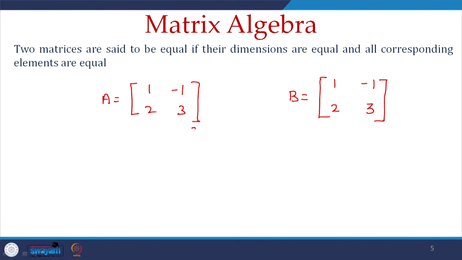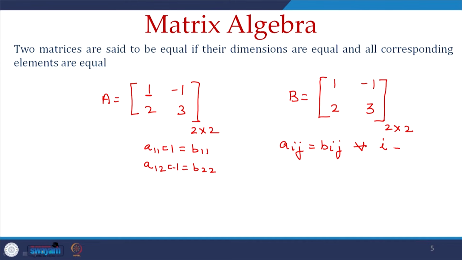Here you see both are 2 by 2 matrices, A11 equals 1 which equals B11, A12 is minus 1 equals B12. In that way Aij equals Bij for all i and j, that is i equals 1 and 2, j equals 1 and 2. Hence both of these matrices are equal.